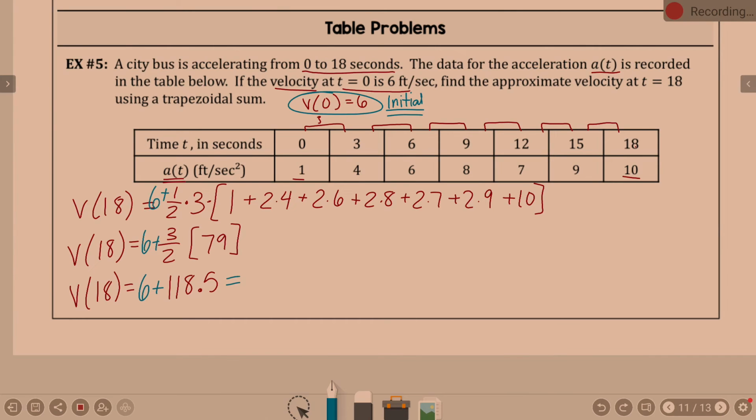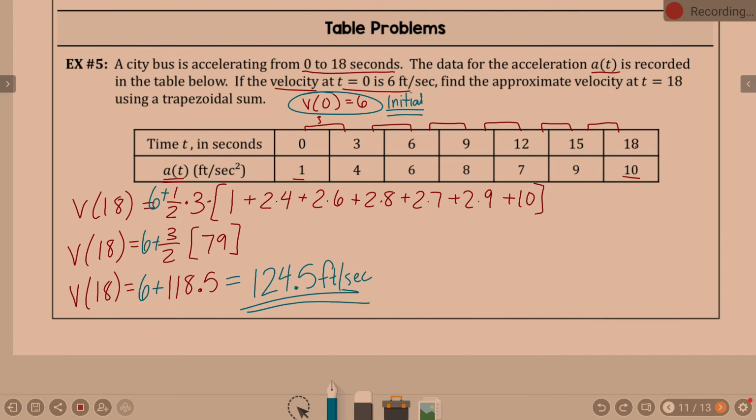My bad. 124.5 feet per second, because this is velocity. I know, I'm bad about remembering the initial. I know I am. Don't follow my mistakes, okay? Watch for that initial, which is why I said it just like on the problem before. I said always remember, watch for that initial. I'm bad about it. Point proven. Okay.